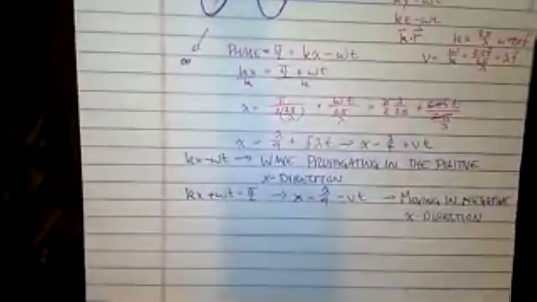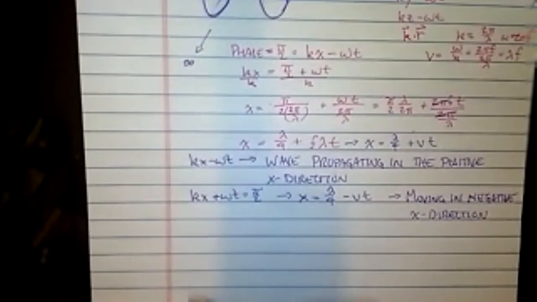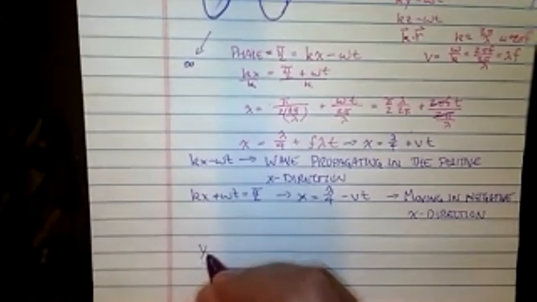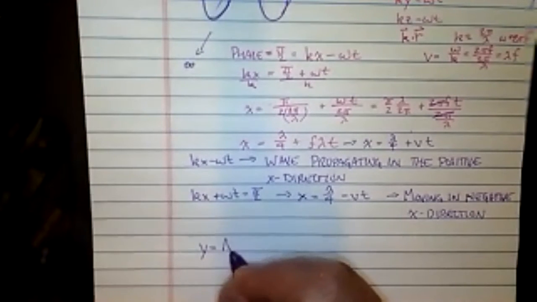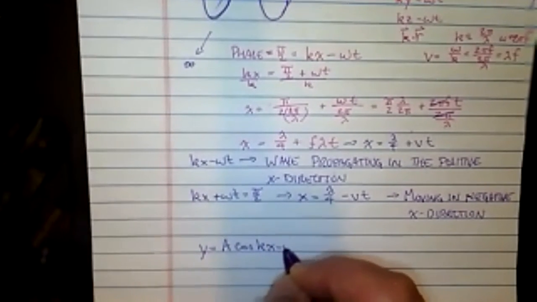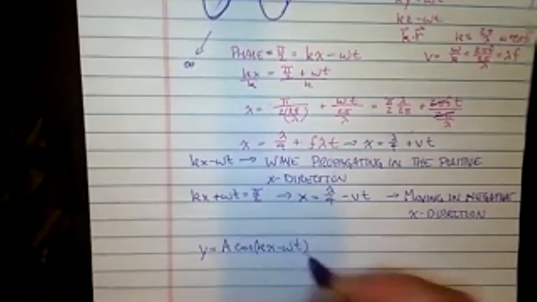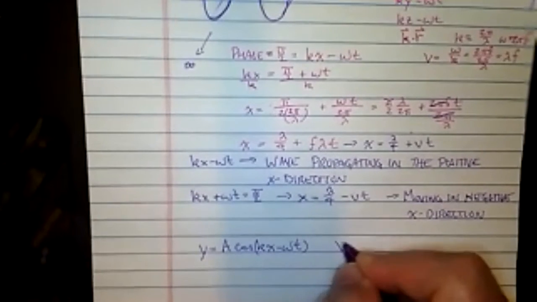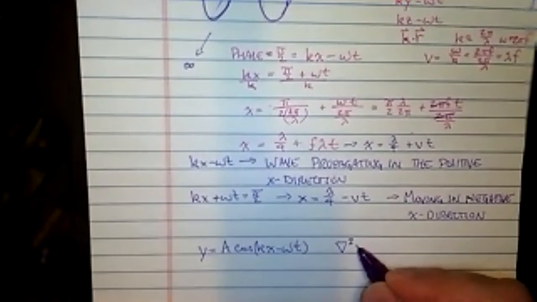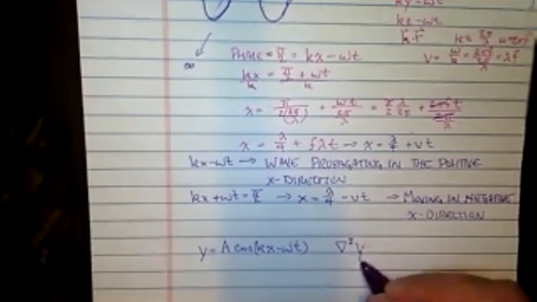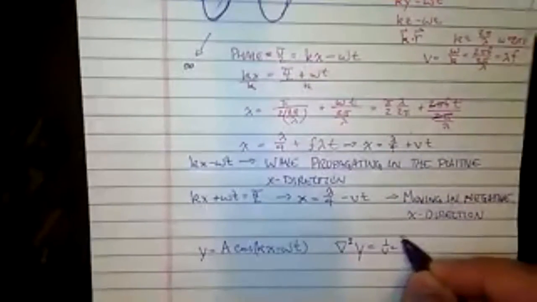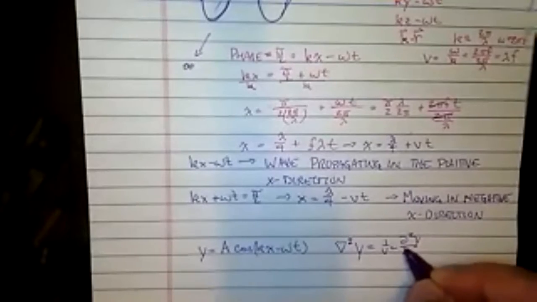The only thing I should probably show you is the typical scenario. Let's say this is a wave. Let's say we're going to use the function y is equal to a cosine kx minus omega t. And let's say that, well, it would normally be written del squared y equals 1 over v squared second partial y with respect to time squared.